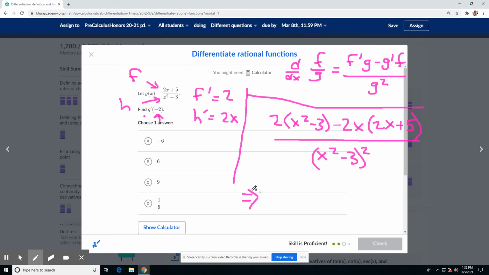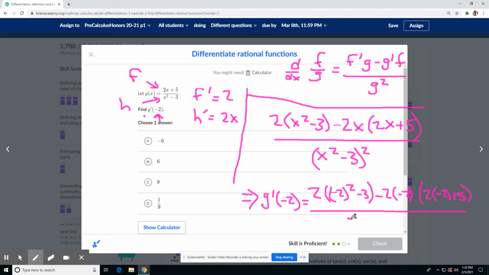So now we're doing g prime of -2. Wherever I see an x, I plug a -2 in. Here we go. 2 times -2 quantity squared minus 3, minus 2 times -2, times 2 times -2 plus 5, all over -2 squared minus 3 quantity squared.